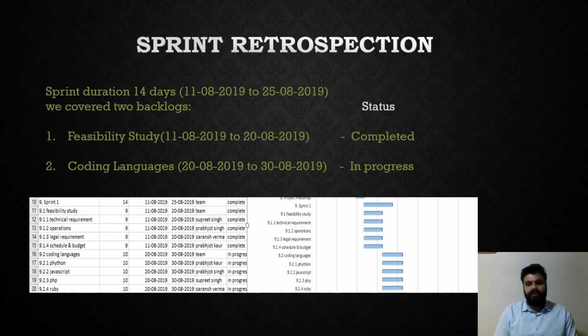The first backlog, feasibility study, we have completed, and for the other one we are still searching and finding out more about the coding language, so we can compare and give solid proof that this is the best language for our project, or that in this language our project can be easily done.